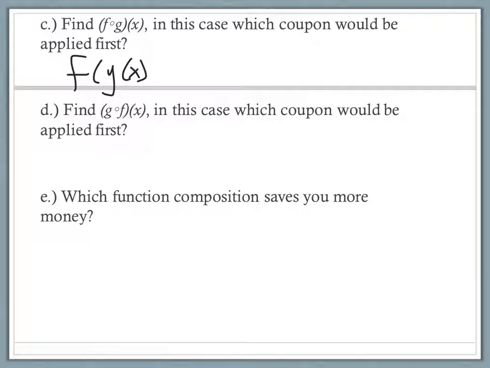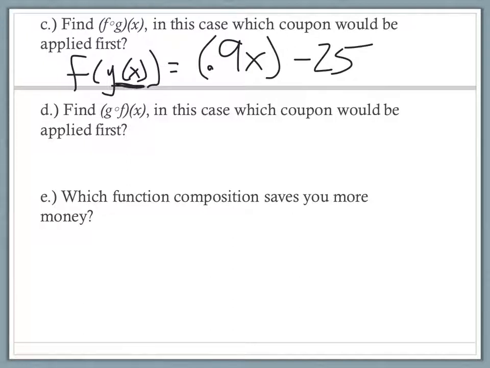I would take my g function, which was 0.9x, and plug it into the f function. So this would be 0.9x in parentheses, and then minus that $25 off. Which one did I do first? I did g of x first, so that means we would do the 10% coupon first.